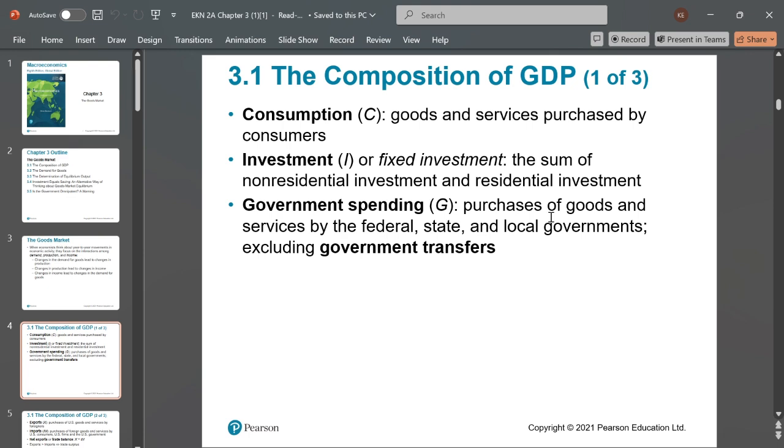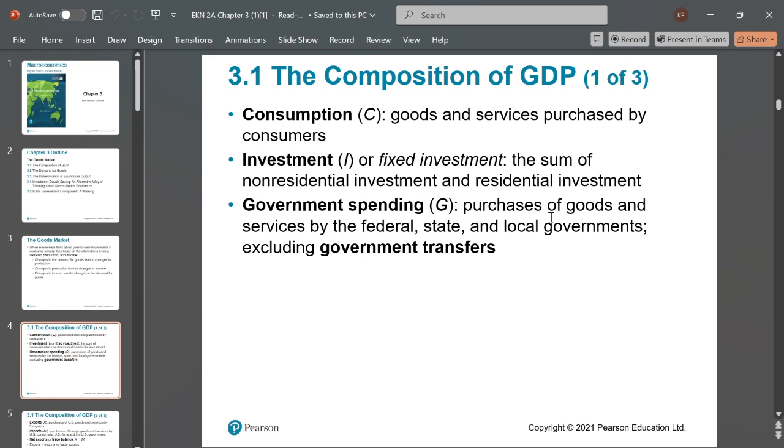So GDP consists of consumption, which is basically what you and I consume, right? It's the goods and services that we buy. So when we go to shop, to buy groceries, that forms part of consumption. It's basically the households and stuff, right? When we go to hospitals, that is part of consumption because it's services that we are purchasing, right?